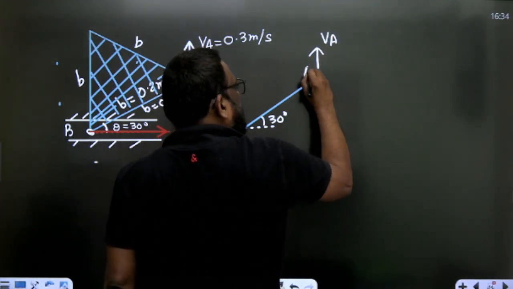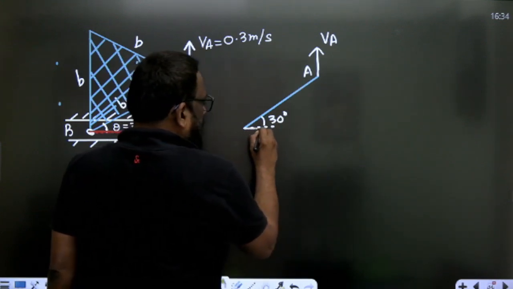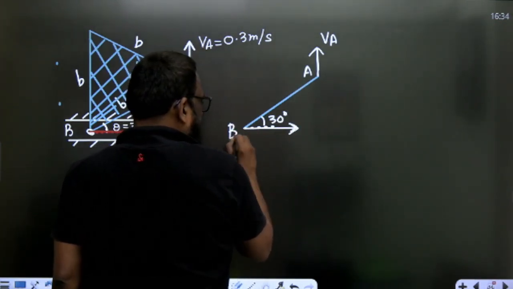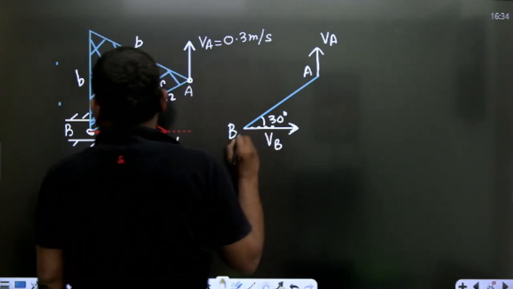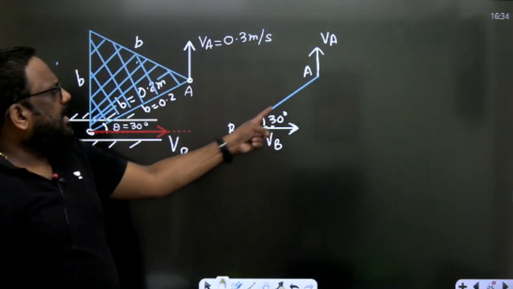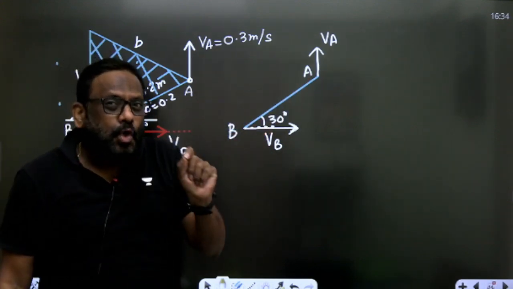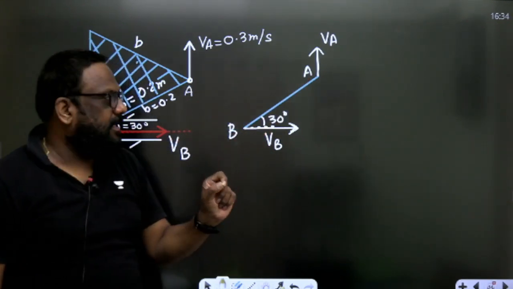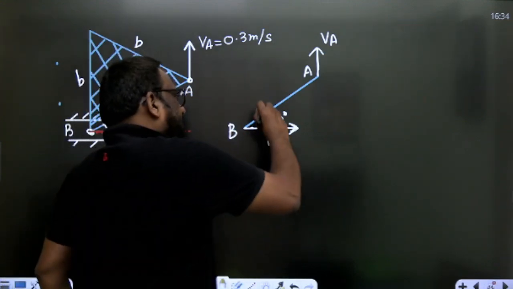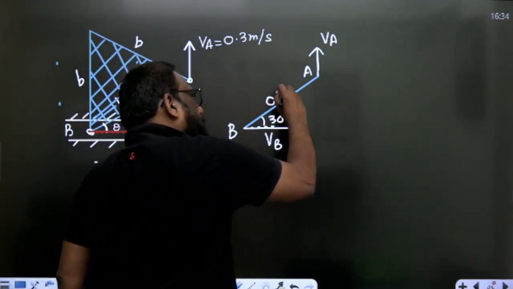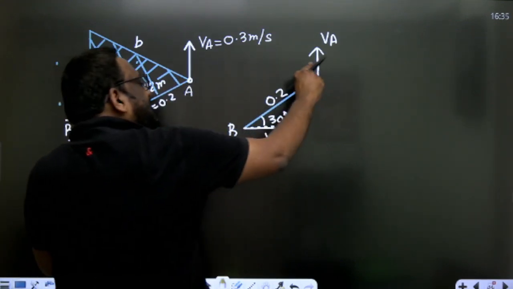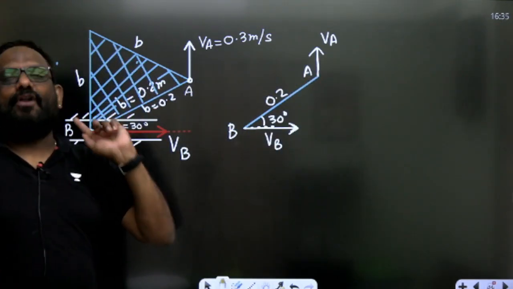This is point A. This is horizontal and this is point B, and this is VB. Very simple: as the member is rigid, there is no relative velocity along the length of the member. Its length is 0.2 meter. Along this, there should not be any relative velocity.